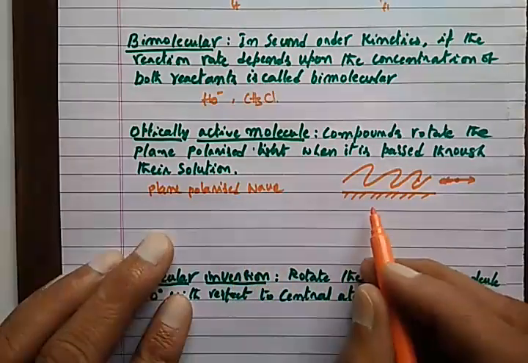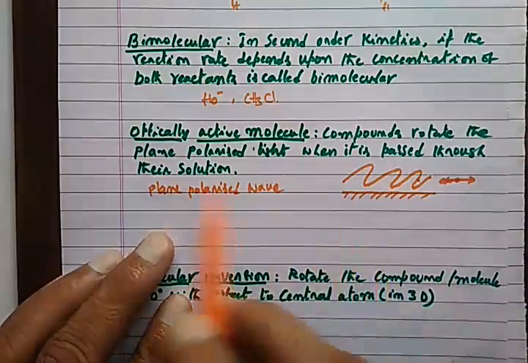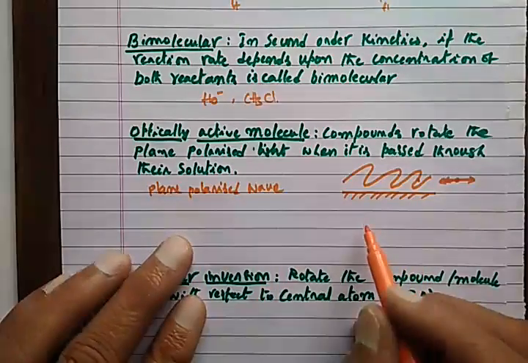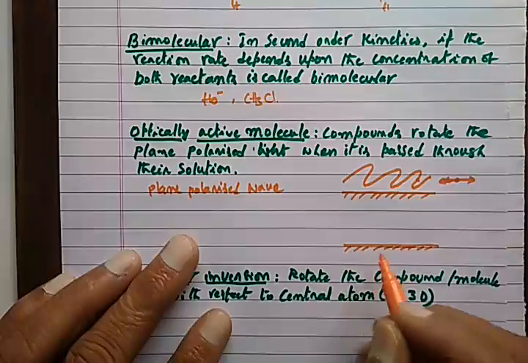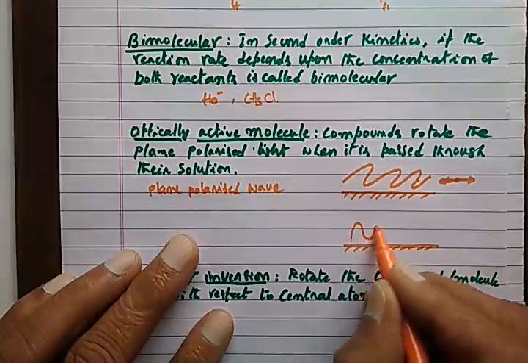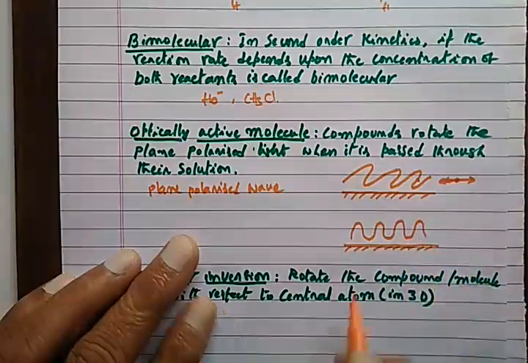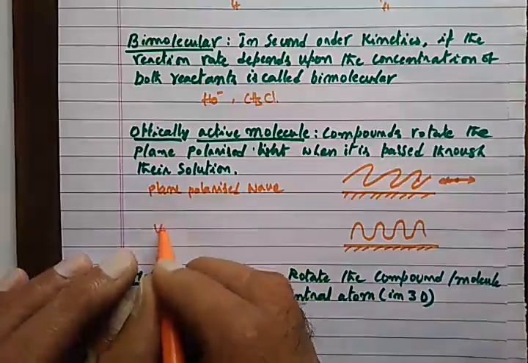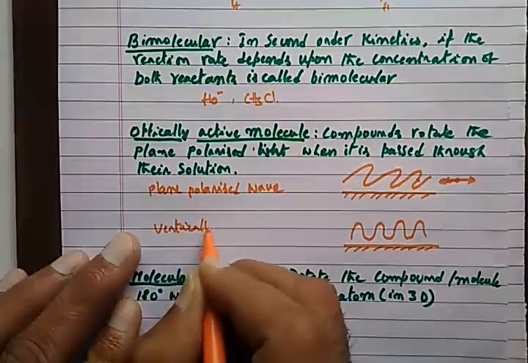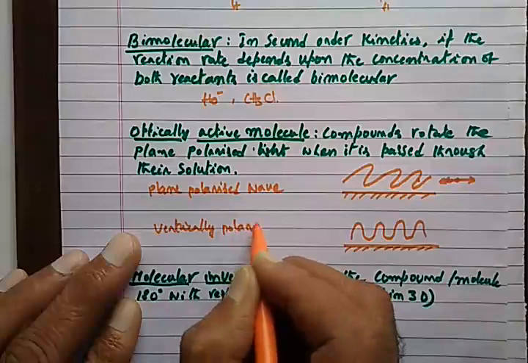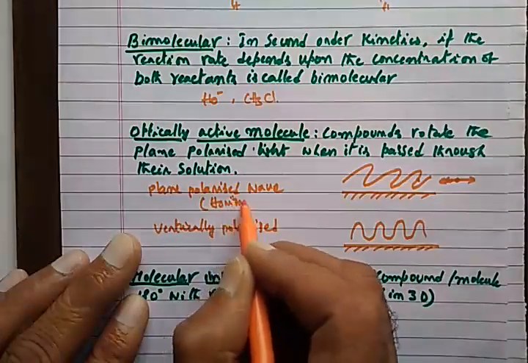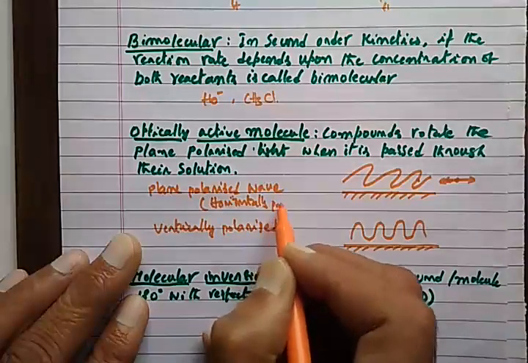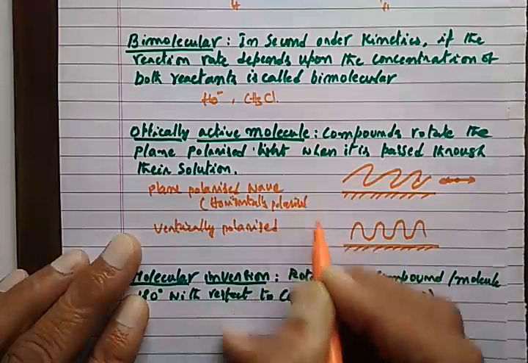So if you pass this through this optically active molecule, what happens is it will get rotated. It will become vertically polarized. So this is actually horizontally polarized.